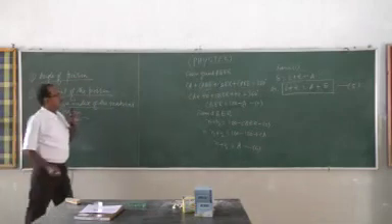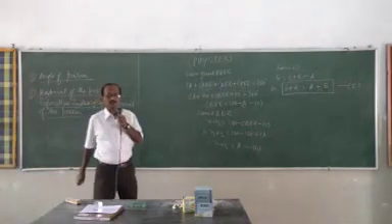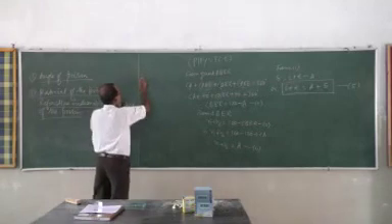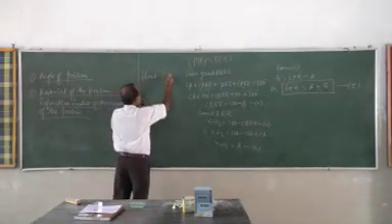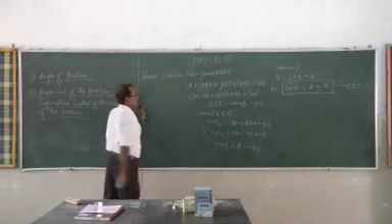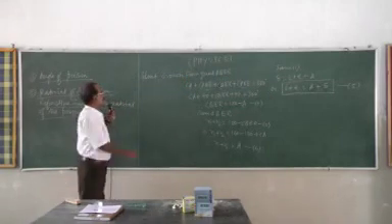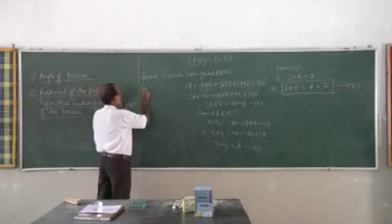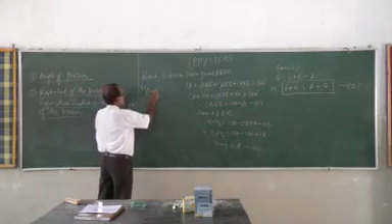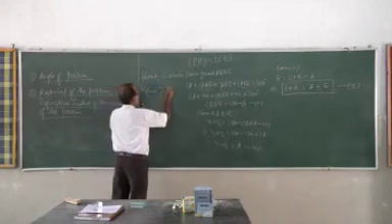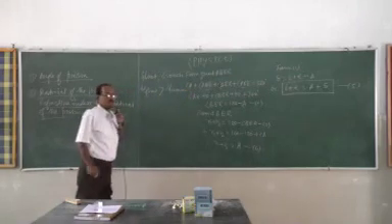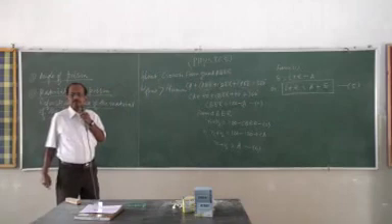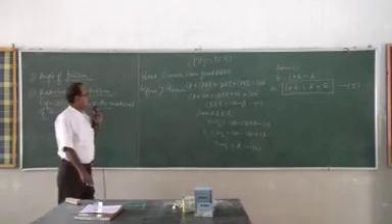There are two types of glasses we are using: one is flint glass, and another is crown glass. The refractive index of flint glass is greater than the refractive index of crown glass, for the same angle of prism.